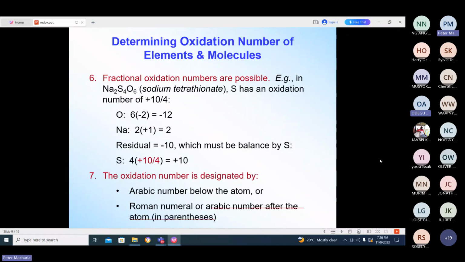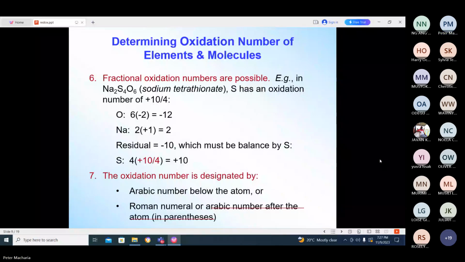So 2 times plus 1 is plus 2, isn't it? Plus 6 times negative 2 is negative 12. Negative 12 plus 2 is negative 10, isn't it? So negative 10 plus 4 sulfur is equal to 0, right?